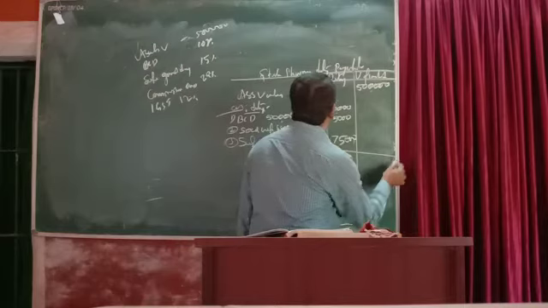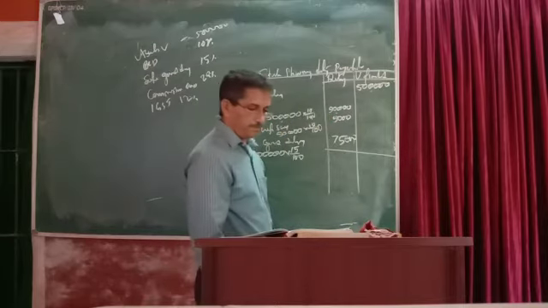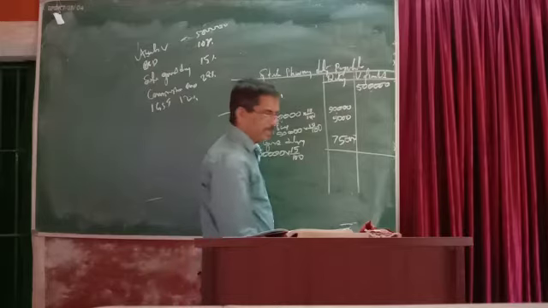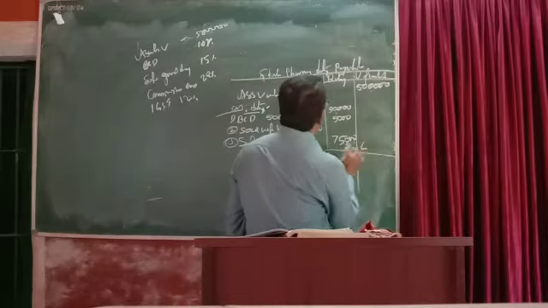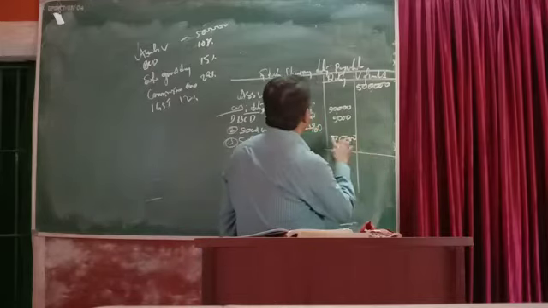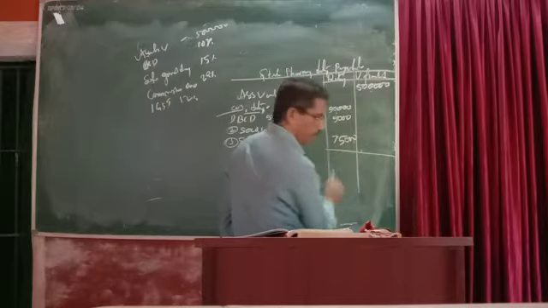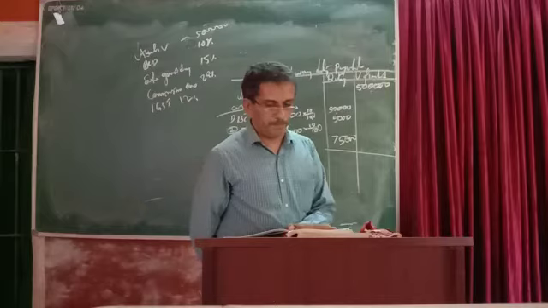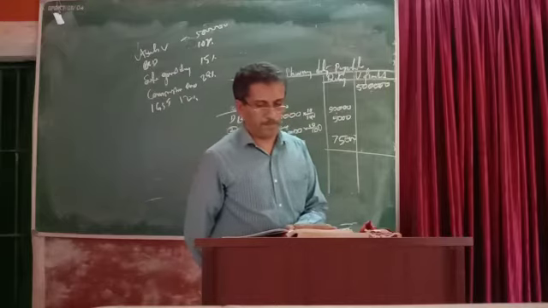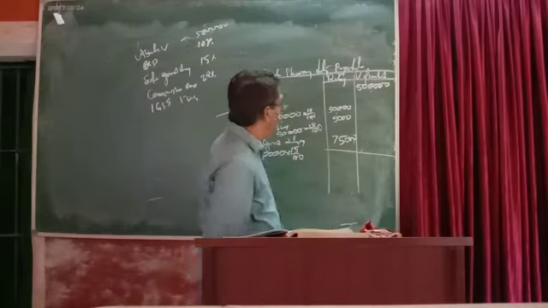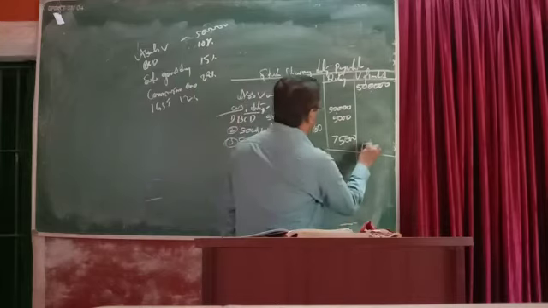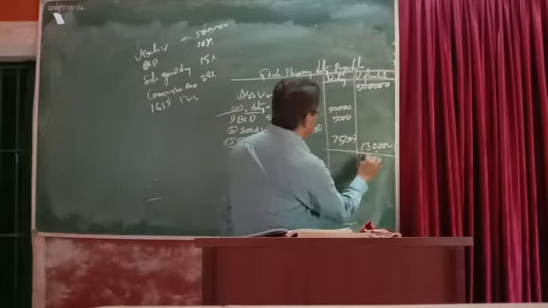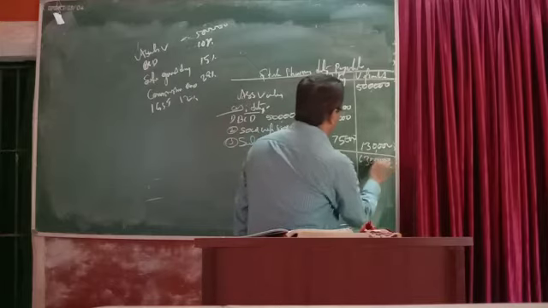The total of this should be 1,30,000. Do the total of this: 6,30,000.